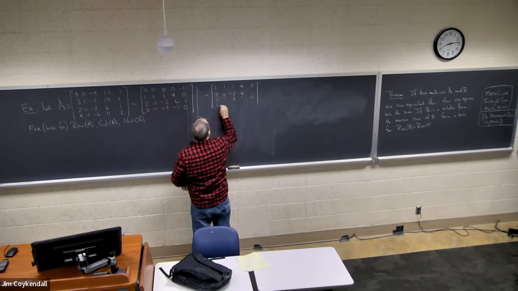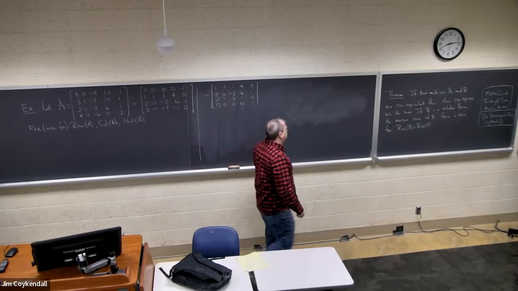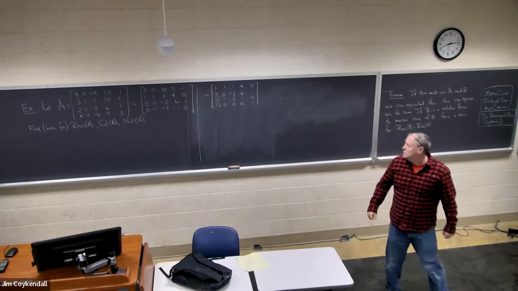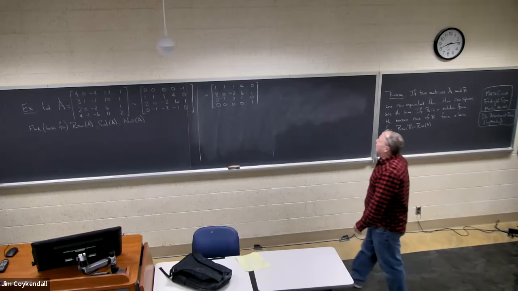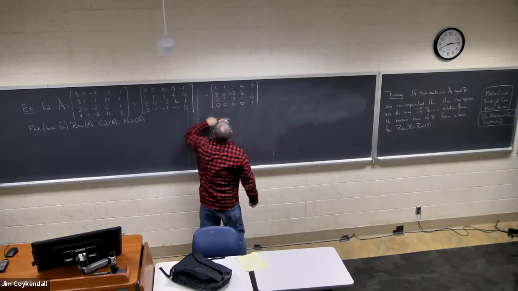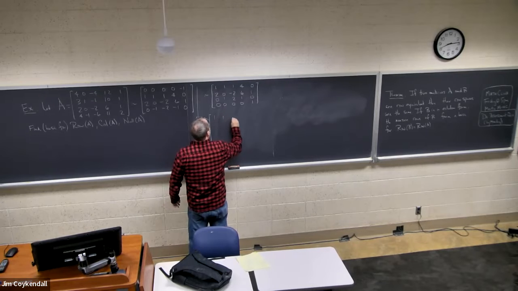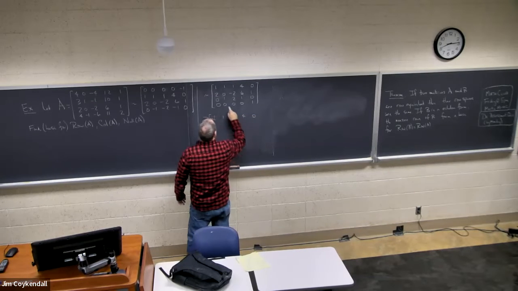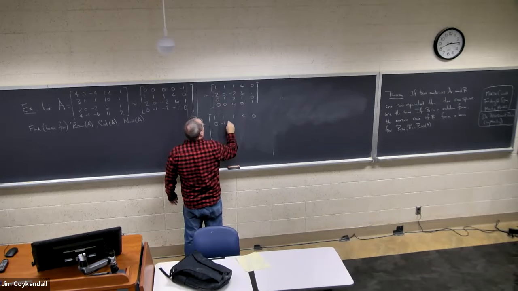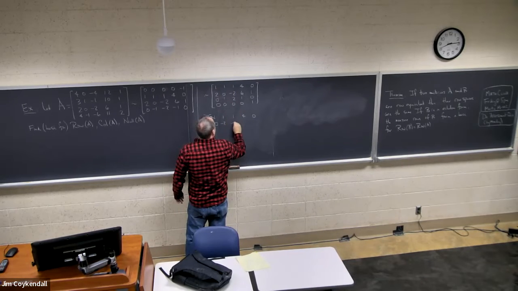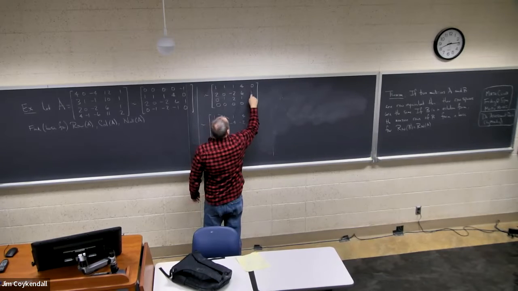And I'll put this on the bottom, changing the sign. I'm going to use the top row to take out this 2 here. I'll systematically go down now. 1, 1, 4, 0. That's 0. Take 2 and add, take 2 and add.